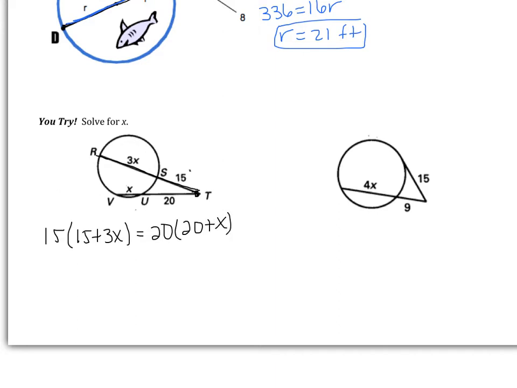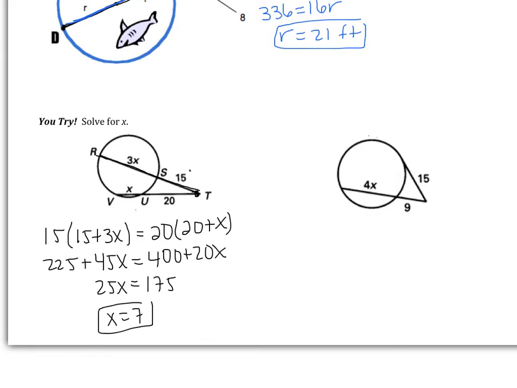Distributing on both sides, I get 225 plus 45x equals 400 plus 20x. If I subtract 20x, I get 25x equals, subtracting 225 from 400, 175. So then I have x equals 7.